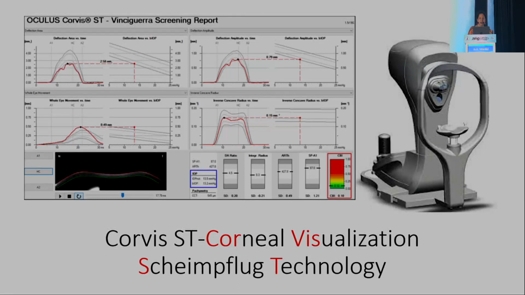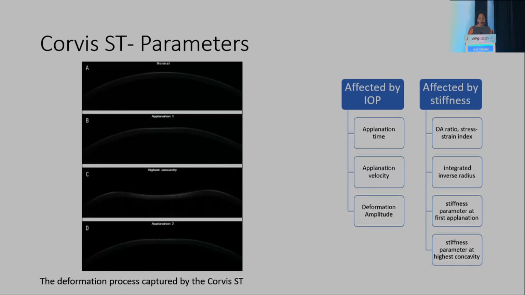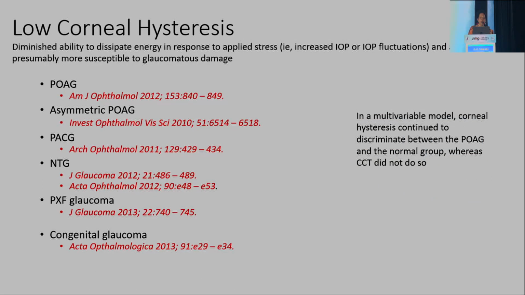It gives a very detailed report, some 37 parameters with the latest version. It gives the biomechanical IOP, which is an important parameter. It doesn't actually give the corneal hysteresis value, and the deformation process is captured by the Corvis ST.